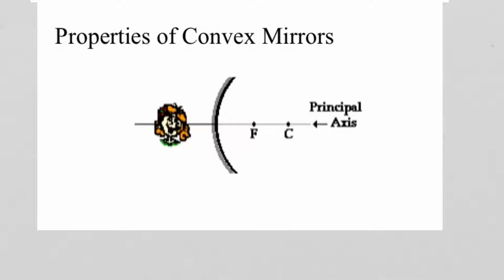We have our principal axis, R, the radius of curvature, and lowercase f, the focal length. The thing to notice is that all of these are on the back of the mirror, behind the mirror in comparison to the observer, which makes this more interesting.